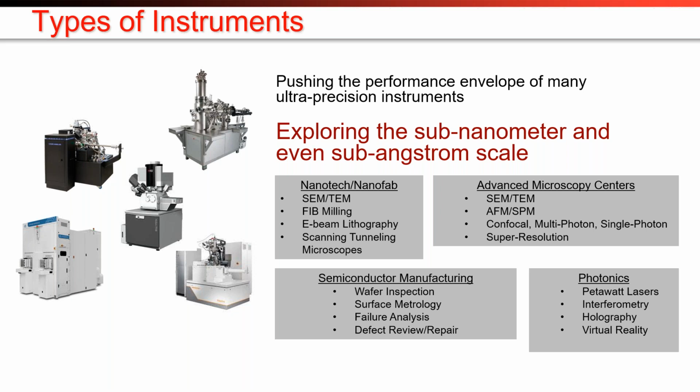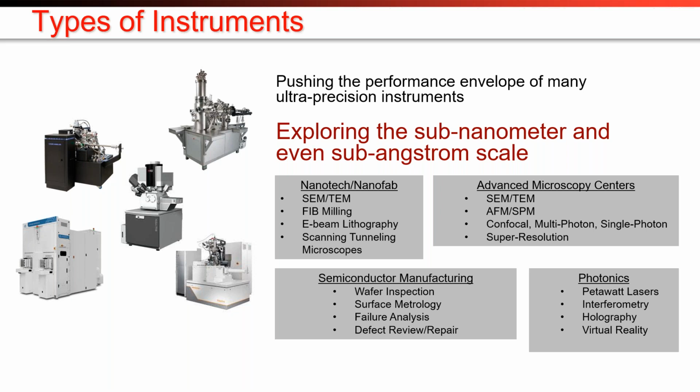So microscopy spans a number of different microscope techniques. There are optical microscopes using different techniques to get extremely high resolution, techniques like super resolution, confocal, single and multi-photon microscopes.